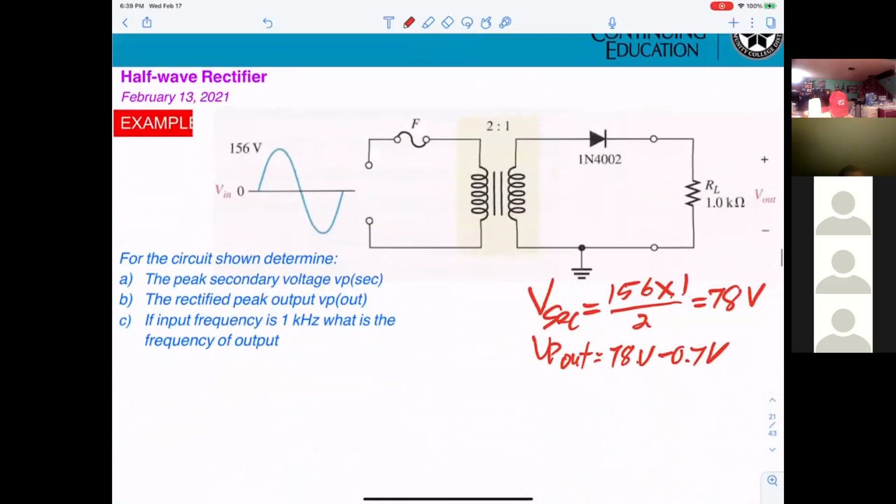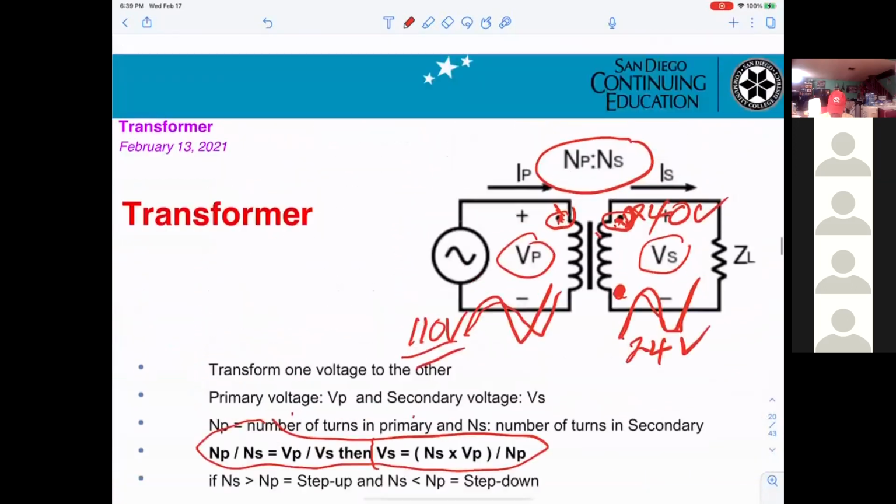Okay. So if the input frequency is 1 kilohertz, what's the output frequency? The same. F out equals 1 kilohertz. That's what we already said right here.